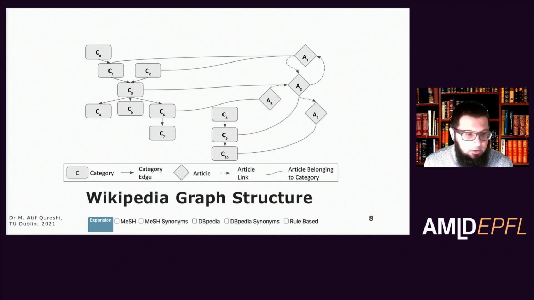Again, just to give you a little bit of a glimpse of how that technique works, we have the Wikipedia category graph structure, which is utilized by DBpedia, and we use the same strategies for MeSH as well, which would be employed for any sort of taxonomy. Let's imagine there is an article on COVID-19 and an article on children; there could be in-linking between the articles on Wikipedia, and likewise they will be mentioned inside different categories.